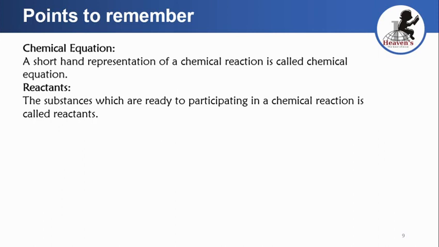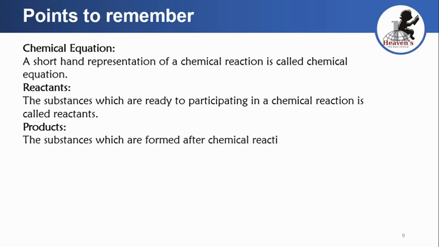The substances which participate in a chemical reaction are called reactants. And next one is products. What are products? Those substances which are formed after the chemical reaction are called products.